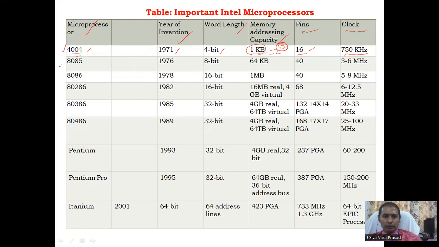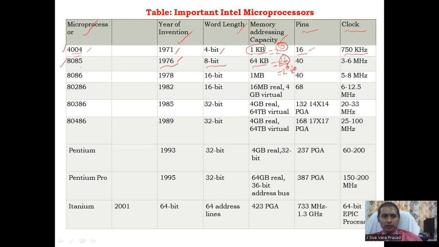Then later the 8085 microprocessor was invented in the year 1976, and it's an 8-bit microprocessor. Here it can handle external memory of 64 kilobytes. 64 means 2 power 16, nothing but 2 power 6 into 2 power 10. It contains 16 address lines. The power value indicates the number of address lines.